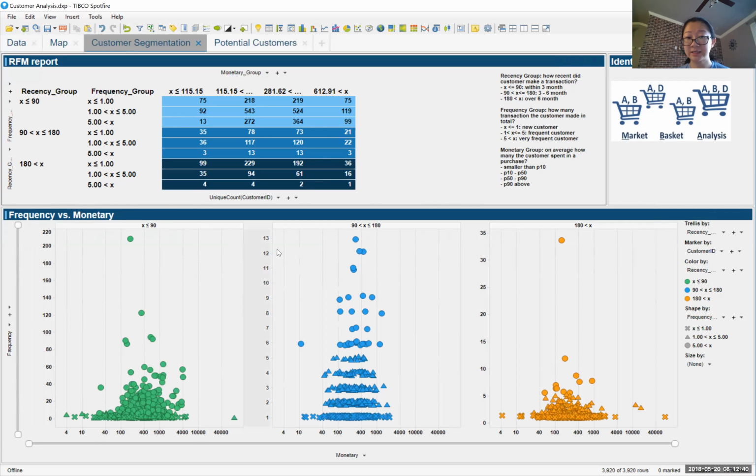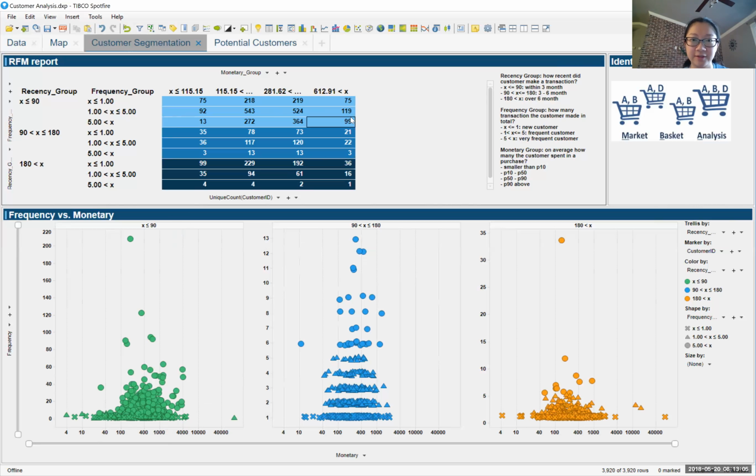Each different color is a recency group: less than 3 months, 3 to 6 months, and the yellow-brown color is over 6 months. Then I have monetary on the x-axis, so the more towards the right for each group, the more money you expect the customer to spend.